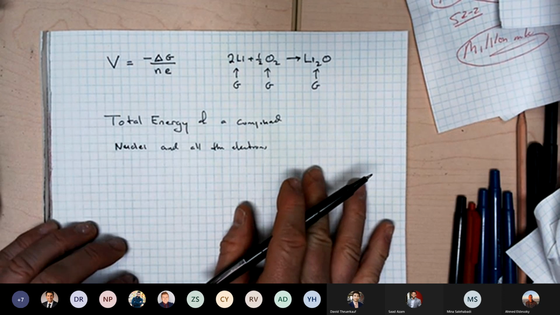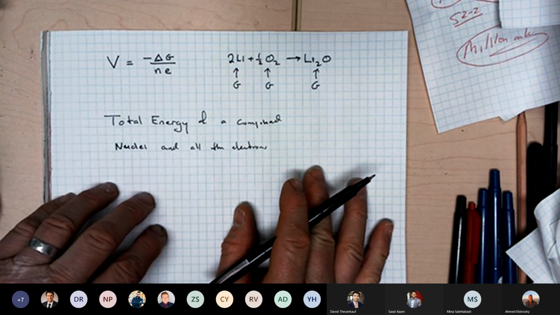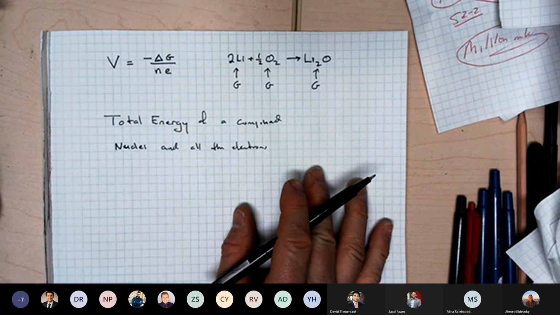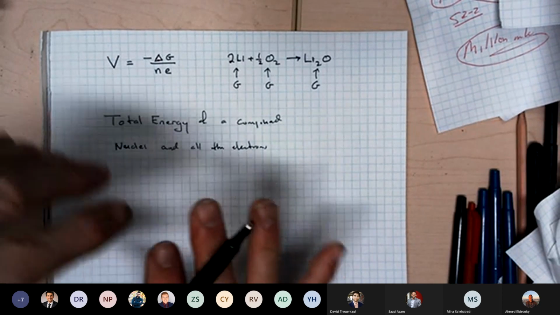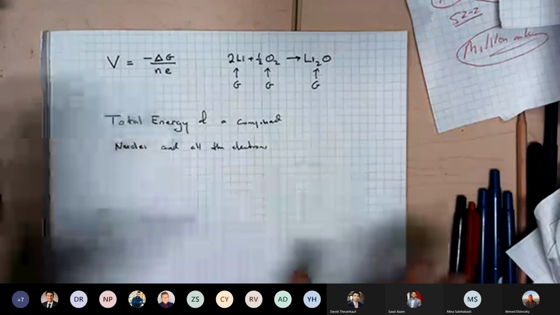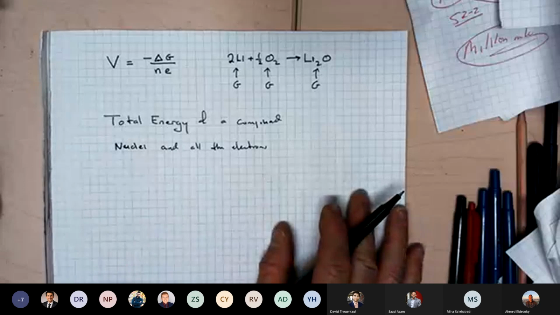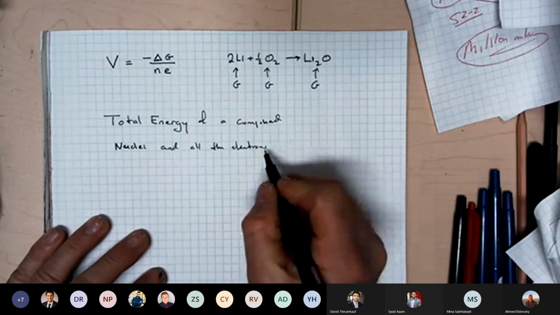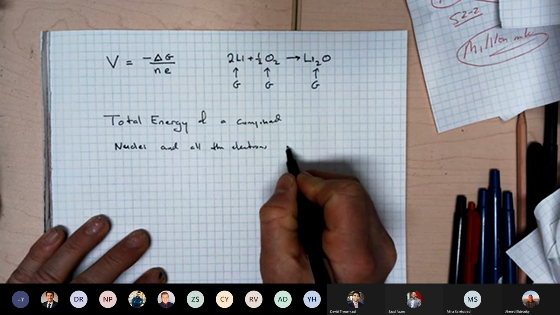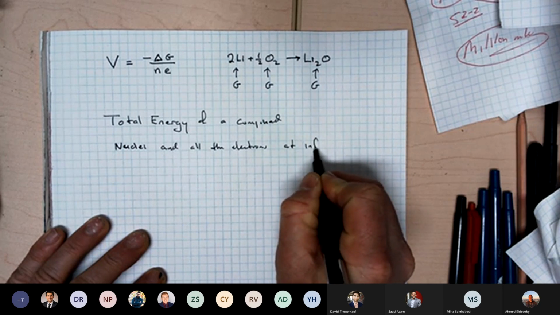So that means you take the nuclei and you put them far, far away from each other and from all the electrons. You take the electrons and you put them far, far away from each other and all the nuclei. So they don't interact at all. Okay? So the nuclei and all the electrons at infinity.